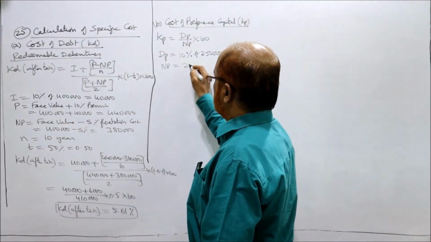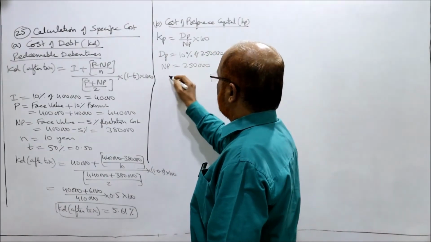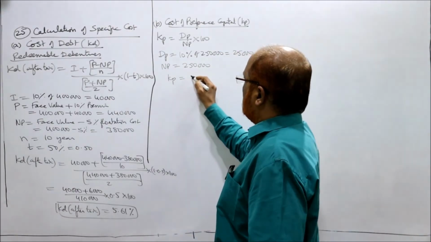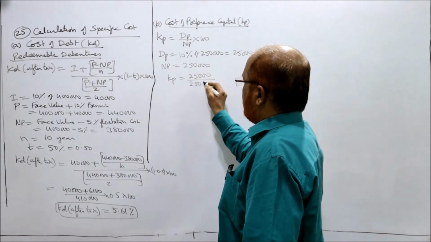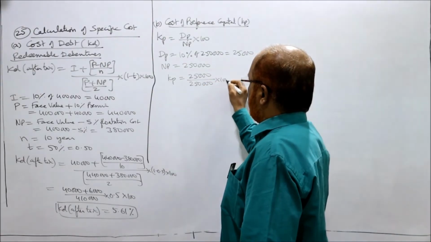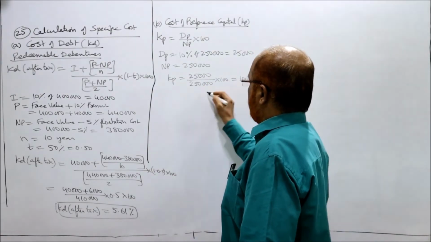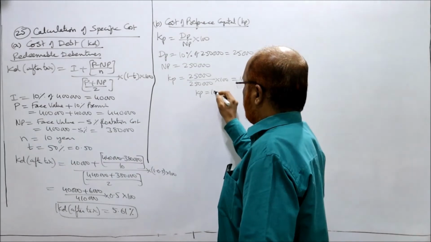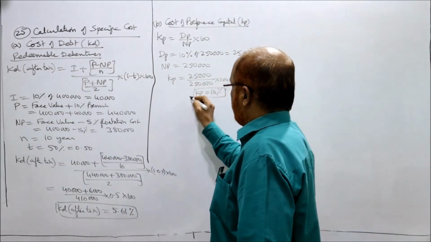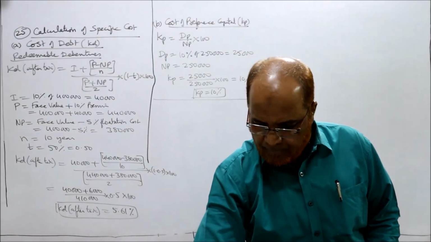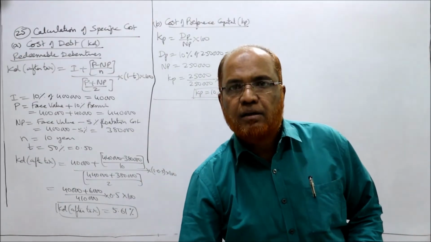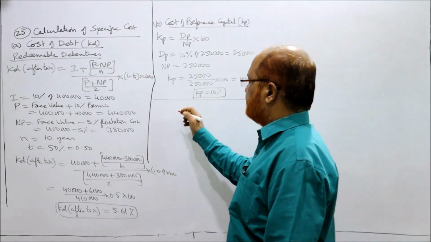Net proceeds is equal to 2,50,000. So KP is equal to 10%. Now we calculate KE.